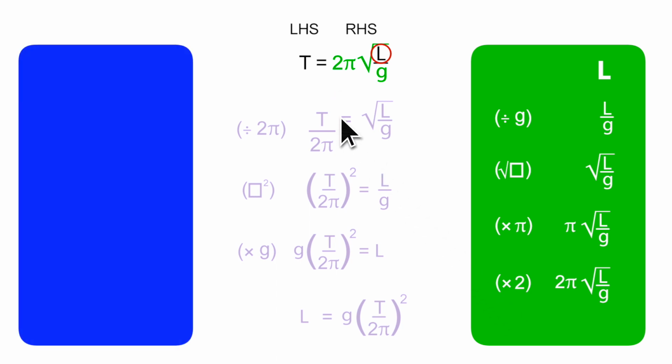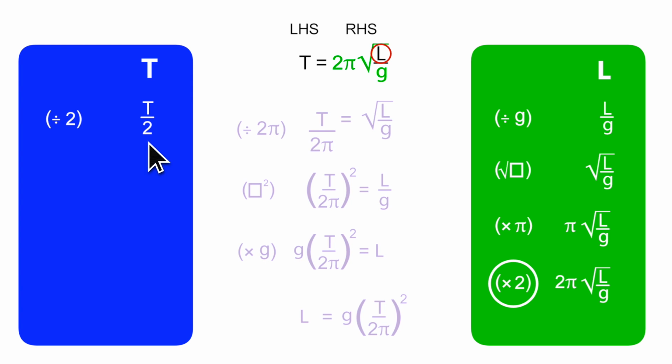We begin with the letter T, the term that is already on the left-hand side. Working in the opposite direction to how we built up the expression 2π multiplied by the square root of L over g, we start here with the multiplying by 2. To get this 2 over to the other side, we do the opposite of multiplying, which is dividing by 2. So we end up with T divided by 2.